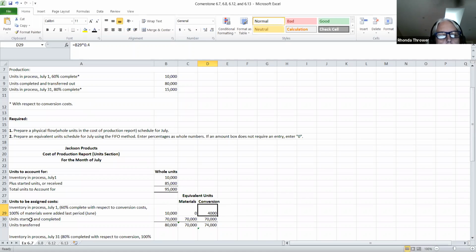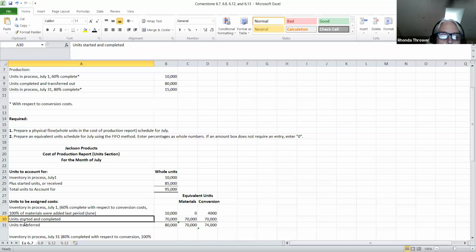To find the units that we have started and completed, you'll remember that if we started the units and finished them, then all of these units that we started would have all the materials associated with them, because 100% of the materials are added at the beginning of the process. If we started 70,000 units, 70,000 units have materials in them.